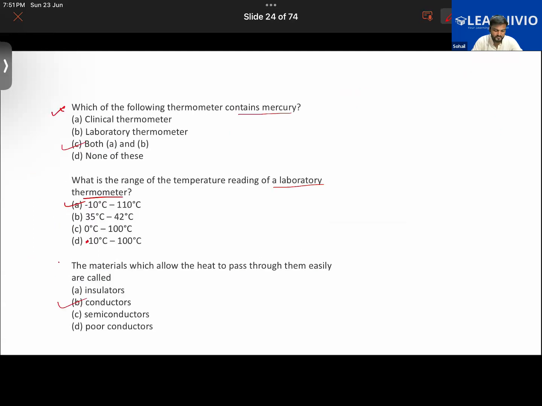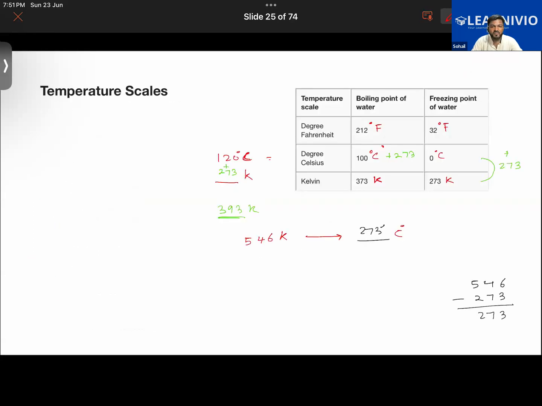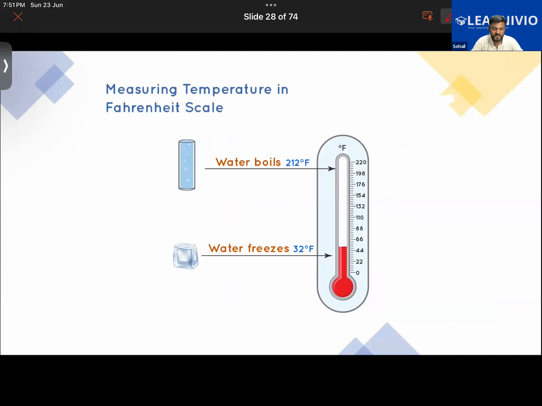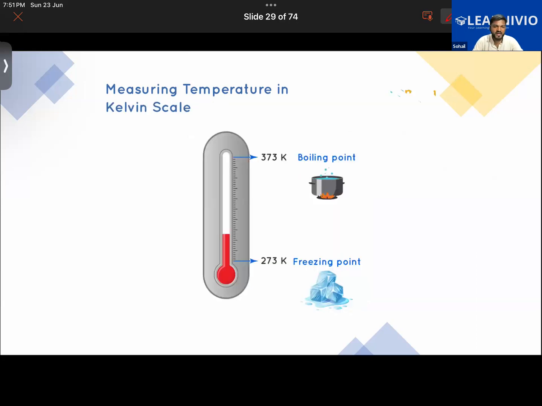Then we learned about different temperature scales. Temperature can be measured in degree Celsius, degree Fahrenheit, and Kelvin. In the Fahrenheit scale, the freezing point of water is 32 degrees Fahrenheit, while the boiling temperature is 212 degrees Fahrenheit.